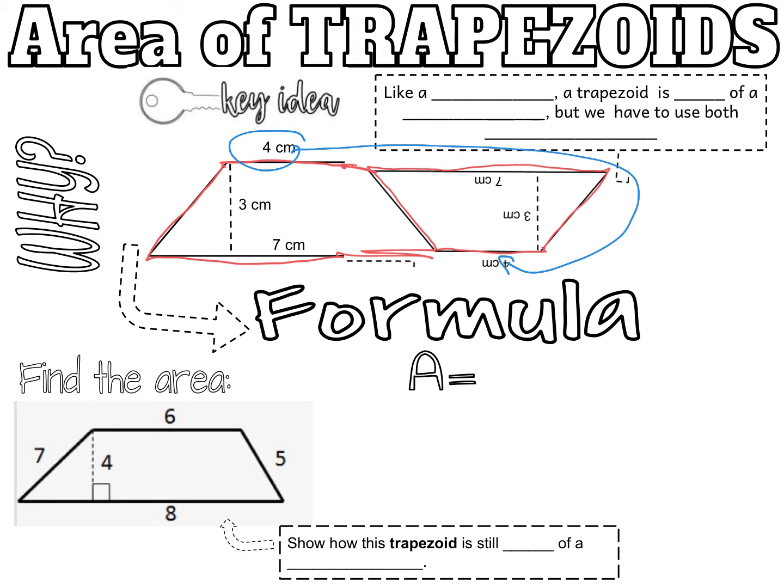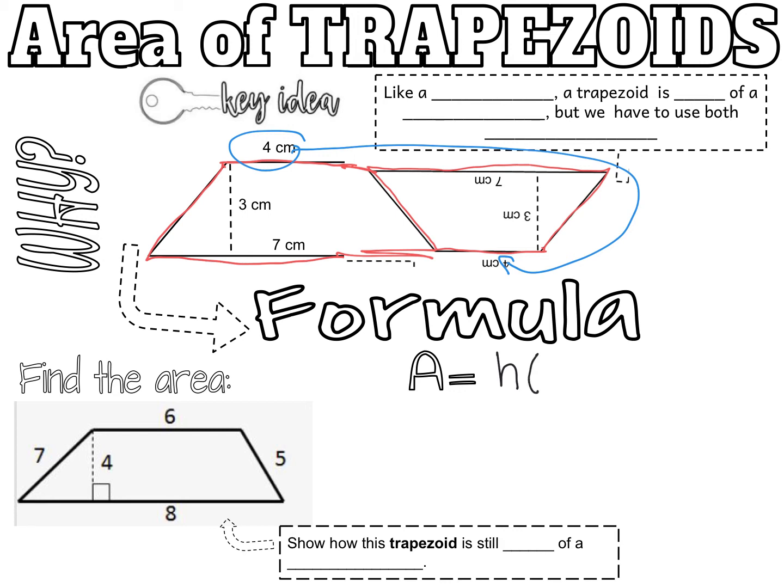So looking at this, the area for a trapezoid becomes the area of this larger parallelogram. Meaning we're going to take the height of the trapezoid times the base of what would be our parallelogram.